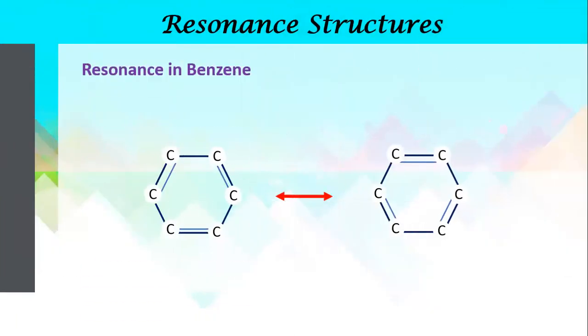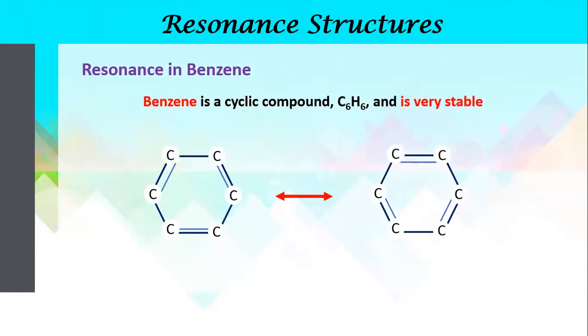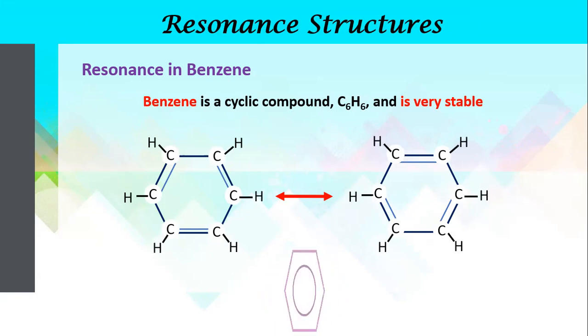Now, benzene. This shows the resonance structures of benzene. What do you notice with these two structures? Often this resonance is represented by this, where the circle shows the blending of the resonance structures.